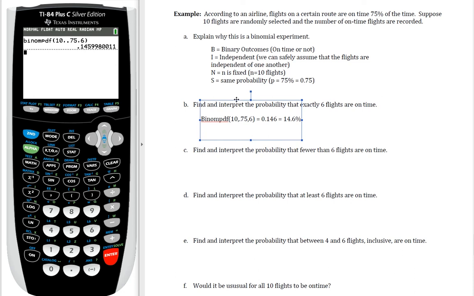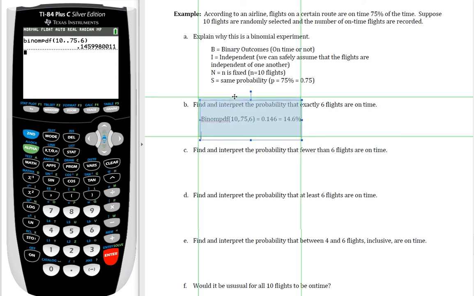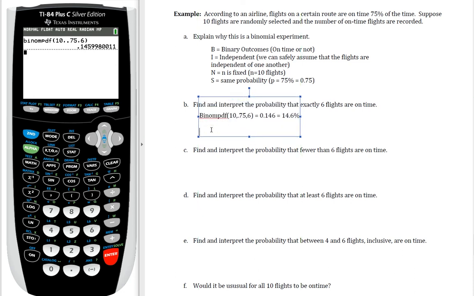If I need to interpret this, I should interpret this probability in a similar way to how we've interpreted probabilities in the past, by putting it in terms of what a percentage is supposed to mean.